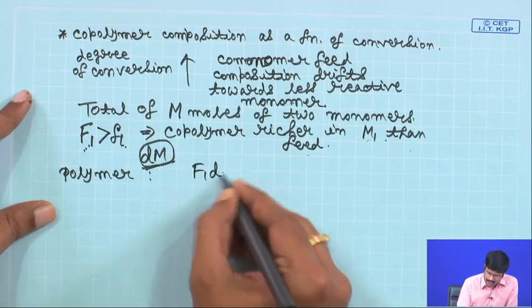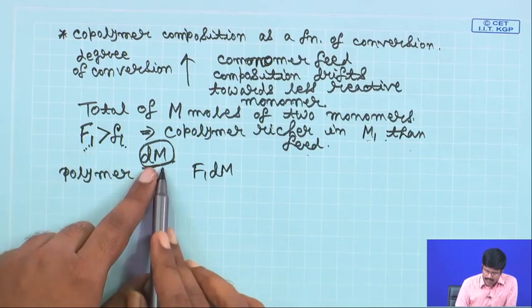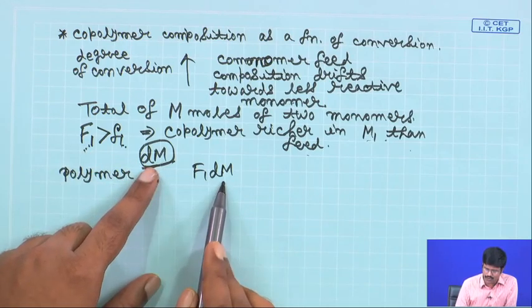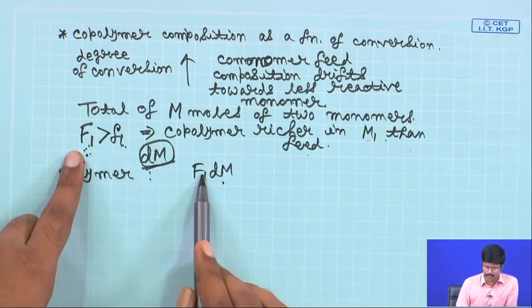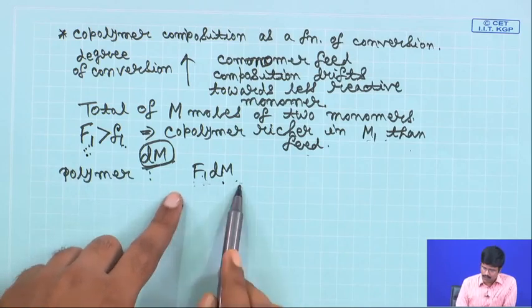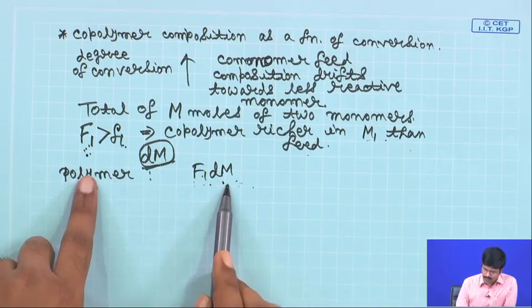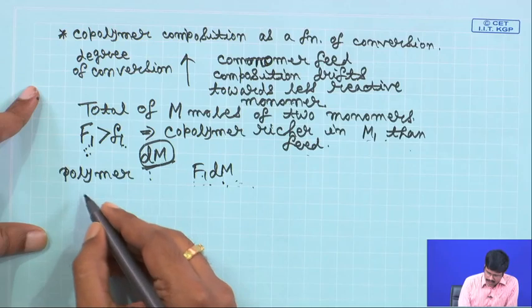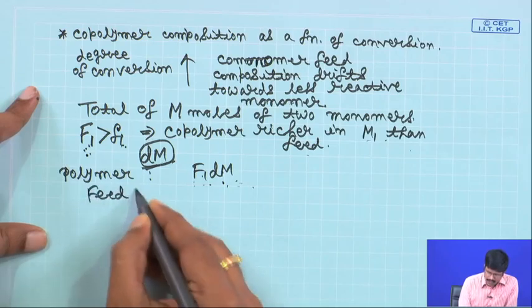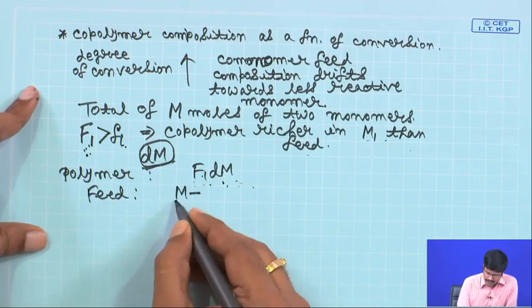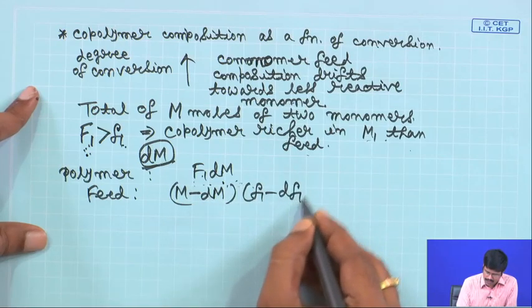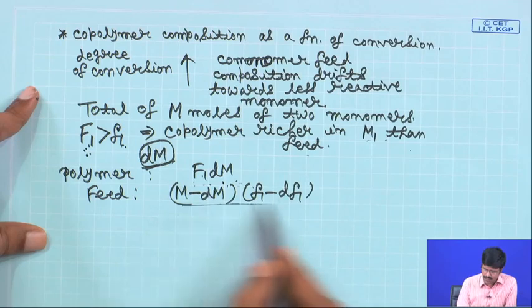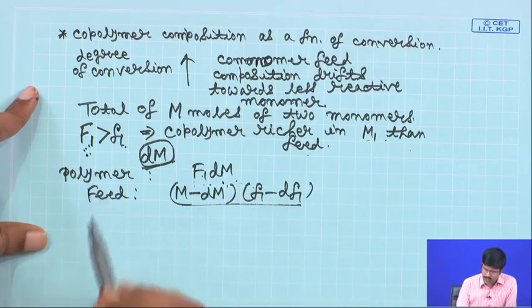It is F1 dm, because a total of dm moles have been converted, and F1 is the mole fraction of the monomer 1 in the copolymer. So, capital F1 dm is the number of moles of monomer 1 in polymer. So, what is the number of moles of monomer 1 in the co-monomer feed now? That will be (m minus dm) into (small f1 minus small df1). This is the number of moles of monomer 1 in the co-monomer feed.